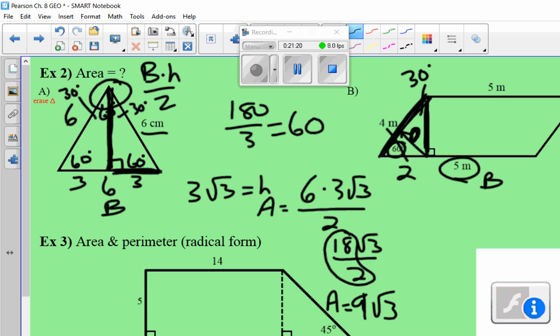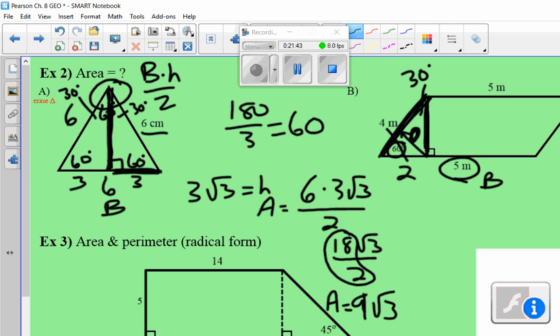Now let me back up for just a moment. One thing I think I failed to mention before: when you're working on a 30, 60, 90 triangle, the short leg is kind of like the key. You have a relationship between that and the other 2 legs. There is no real relationship straight away between the hypotenuse and the long leg, okay?